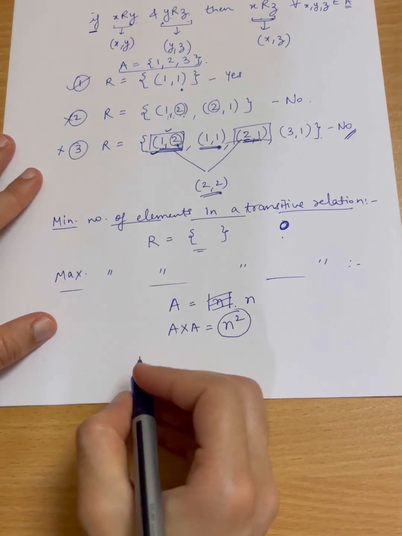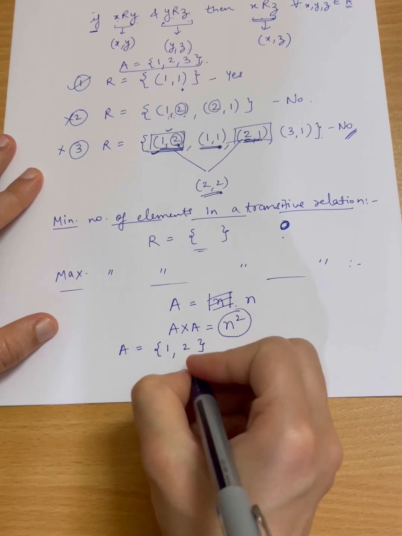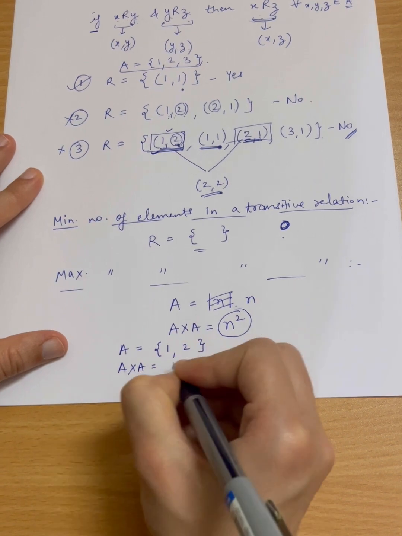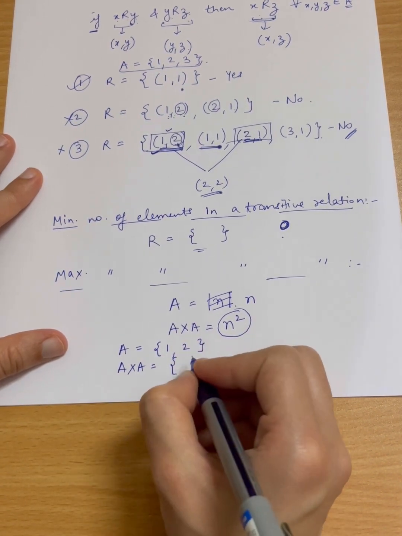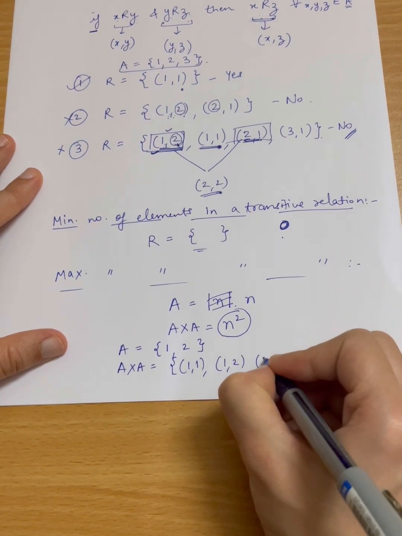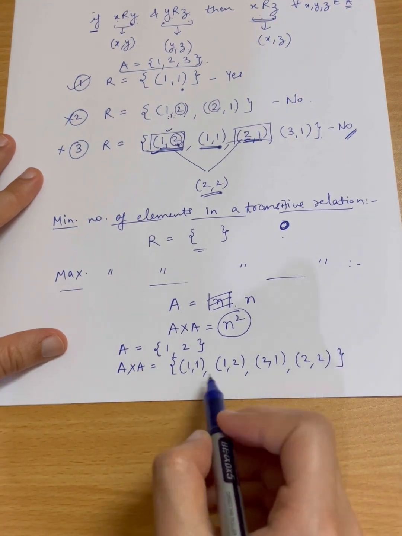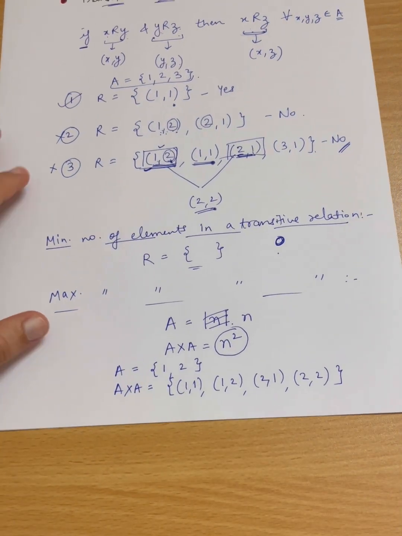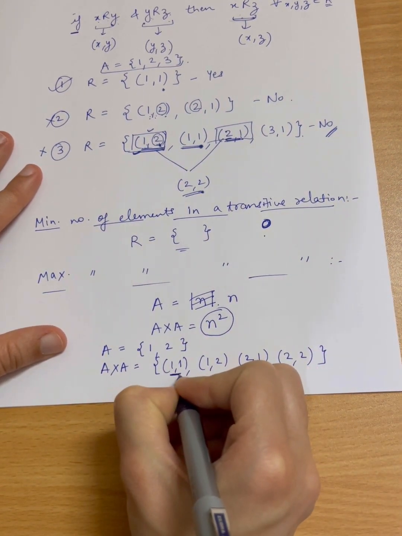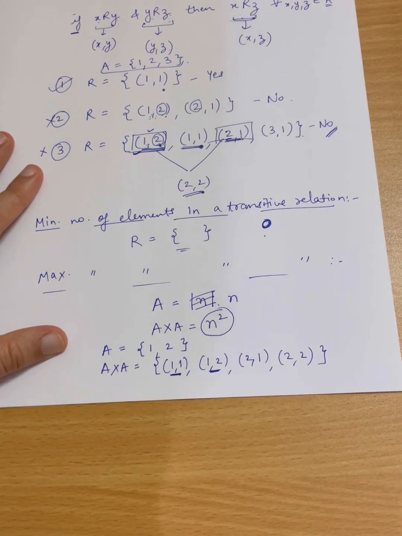Let's take one simple example. Suppose there is one set with 2 elements, cardinality 2. Then the Cartesian product contains 4 elements: (1, 1), (1, 2), (2, 1) and (2, 2), right? Now if (1, 2) is present, it's already there.